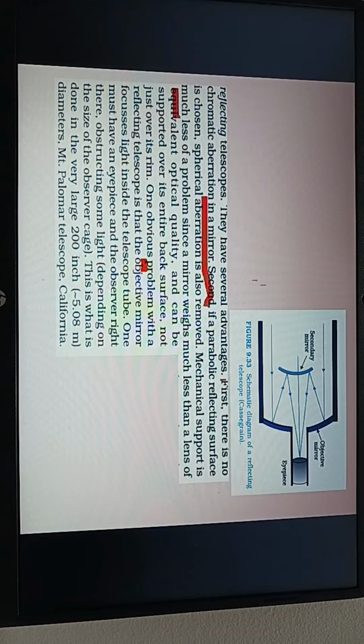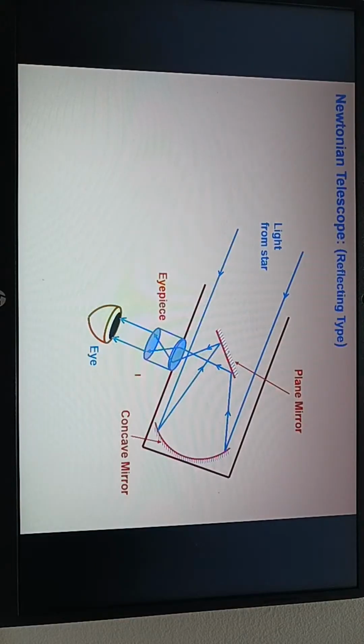Because of this hole, some light cannot reach here. That is why this type of thing, this is not there in the textbook, but this type of thing we are having nowadays. Here what will happen?